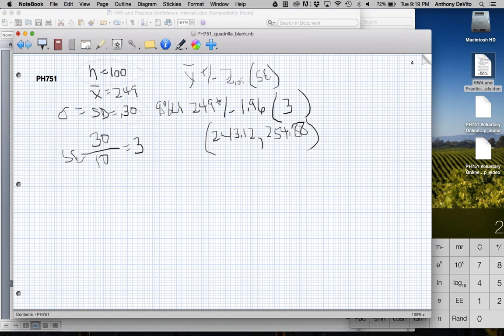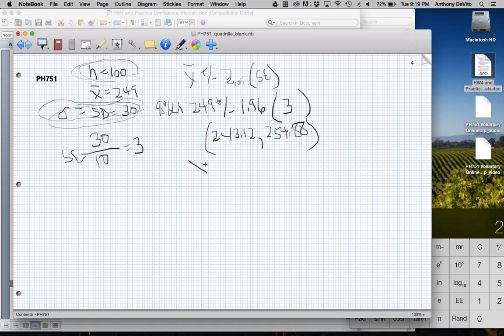Okay, now let's say we didn't make this assumption, that this big sample size is good enough for us to assume that we knew that sigma was equal to 30. Let's say for a moment we didn't want to make that assumption.